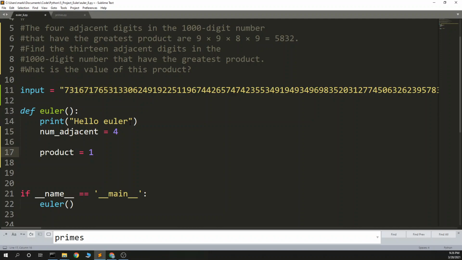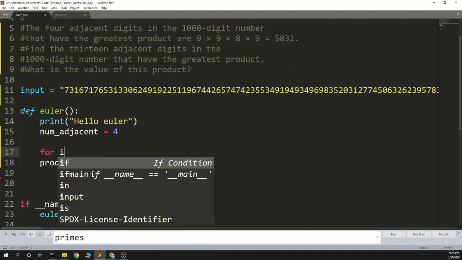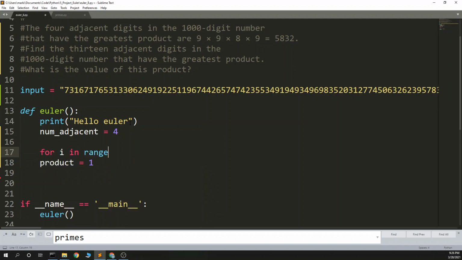Product equals 1. So for i in range 0 to length of input minus num adjacent.